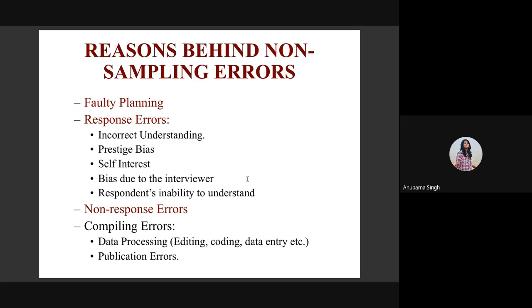Then there is non-response error. Non-response errors occur, but in that case, we have a solution: we go to the unit again and again. Non-response errors are also those where the individual refuses to give you any kind of information, right? That is also a non-response error.